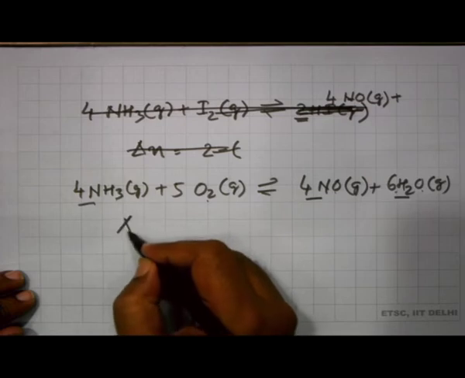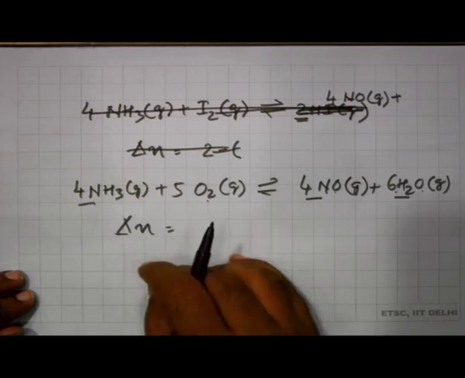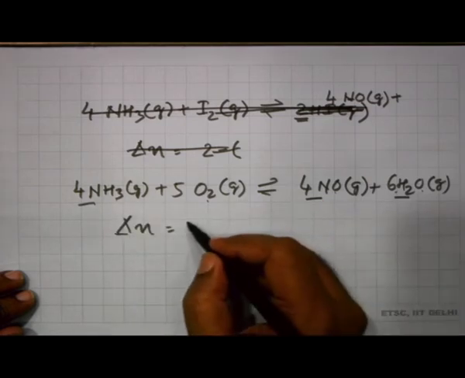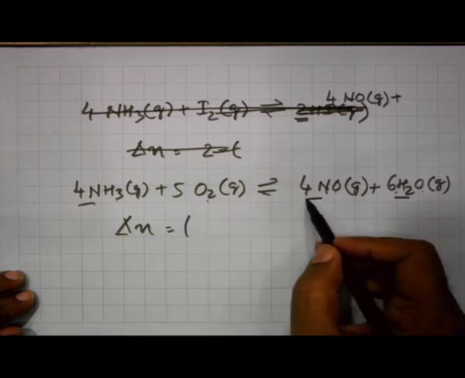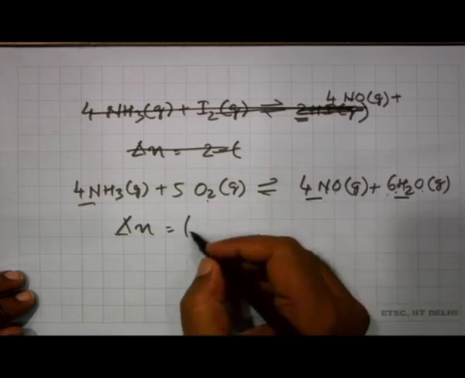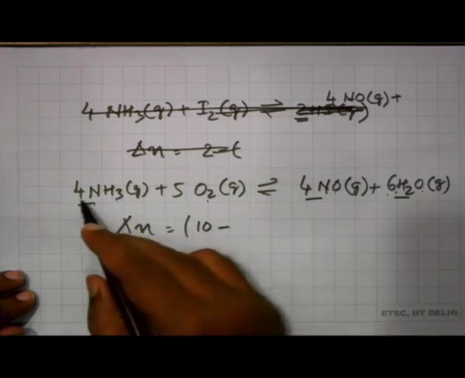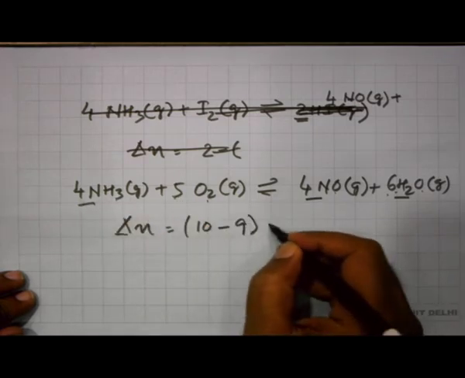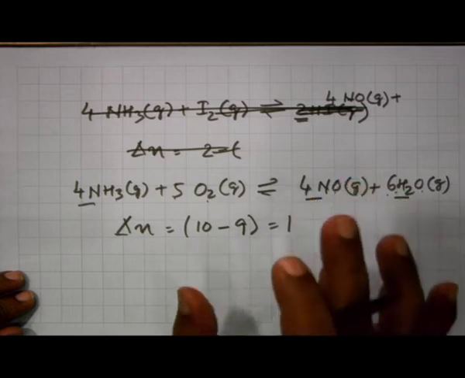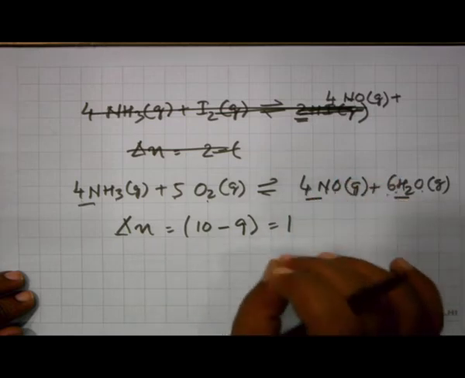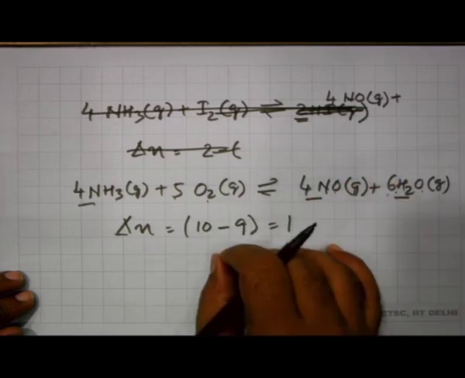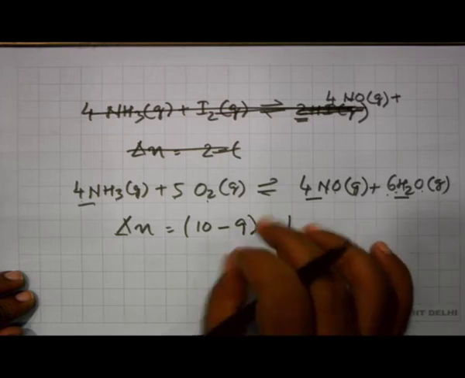Let us see delta n. First we have to calculate delta n. Delta n is the stoichiometry of product, 4 plus 6, 10, minus 4 plus 5, 9, which is equal to 1. So it is positive, greater than 0. It means there will be an effect of pressure.